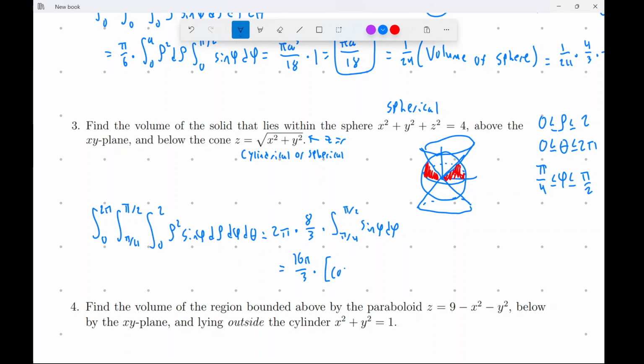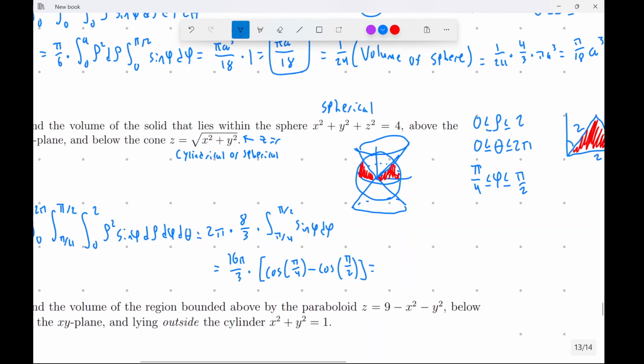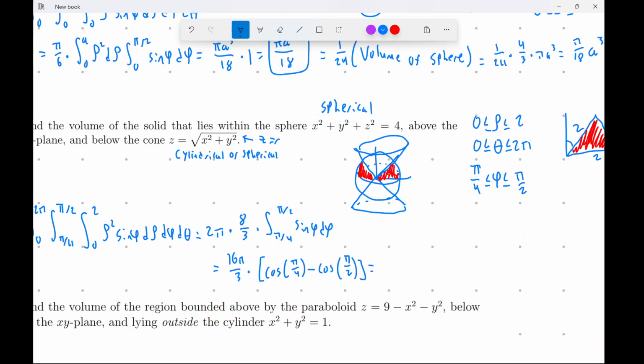The integral of sine is negative cosine, but I'm going to swap the order on the bounds so that I don't have a negative sign. Cosine of pi over 2 is 0, cosine of pi over 4 is root 2 over 2. And so this is equal to 8 pi over 3 times root 2. That is my volume.